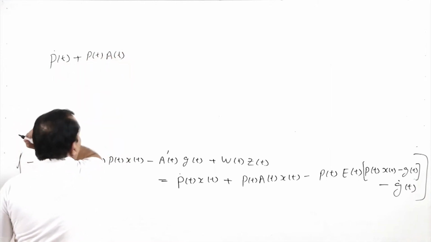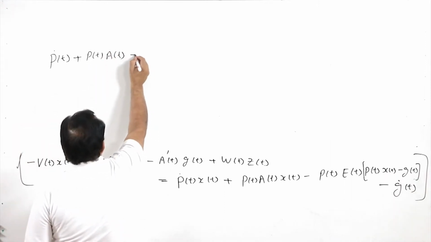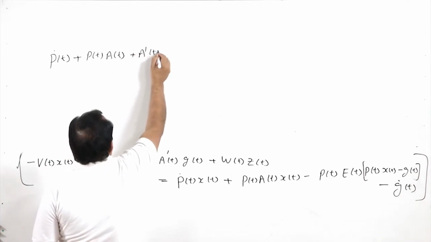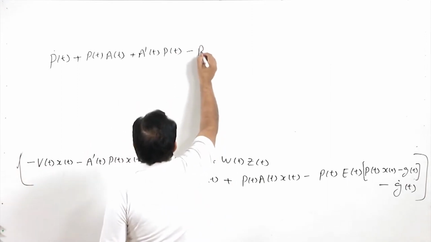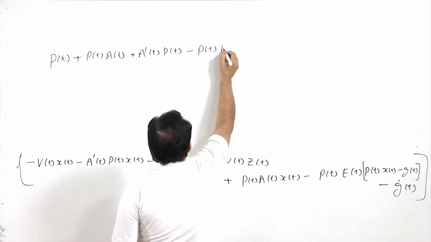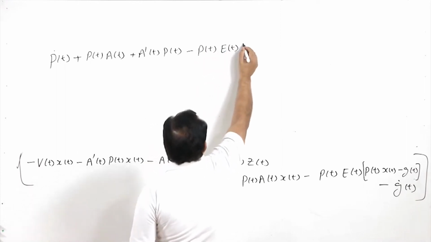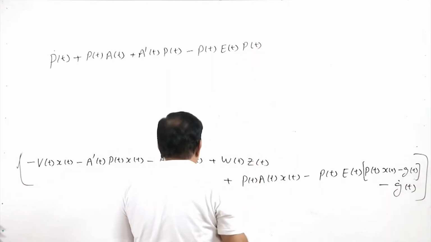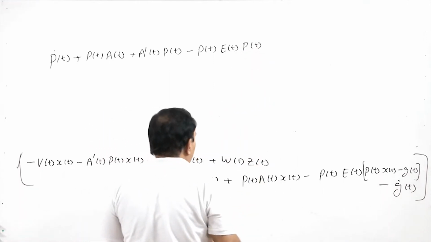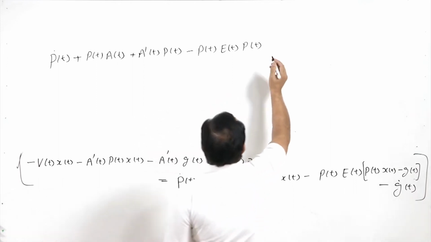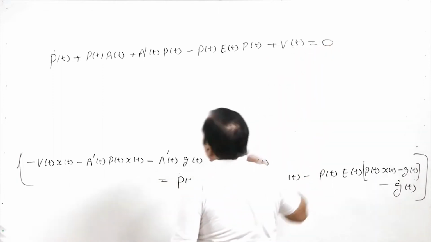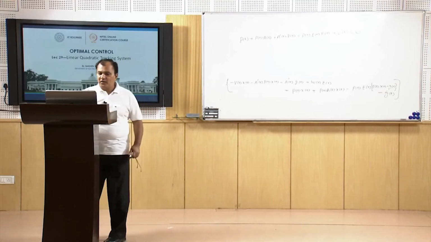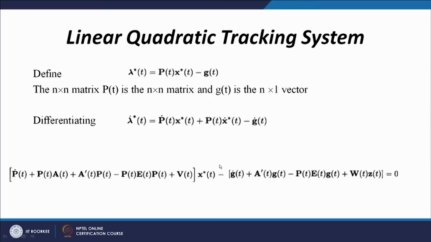My coefficient of x t is p dot t plus p t a t plus a prime t p t minus p t e t p t plus v t. What we are saying is that this whole coefficient must be 0 as my x t is arbitrary.